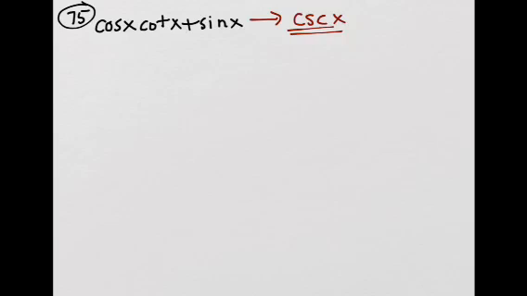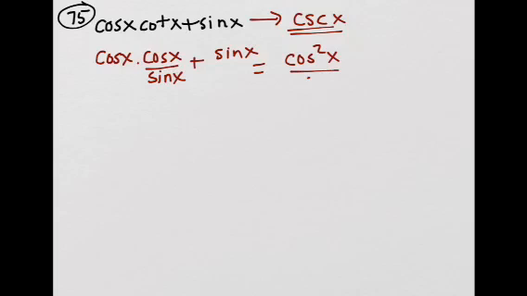We're verifying it algebraically. So I'm going to write cosine x over sine x plus sine x. The numerator in the first term is cosine squared x over sine x, plus sine x over 1.